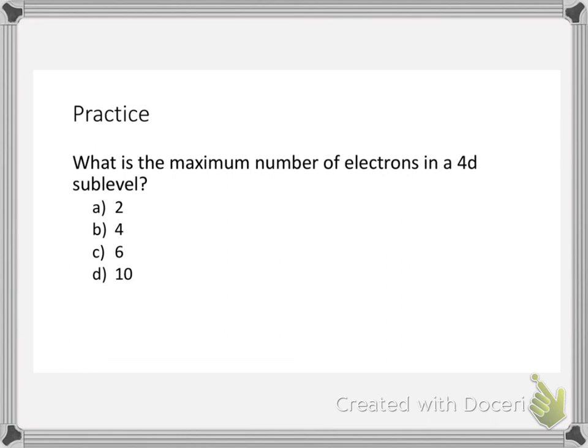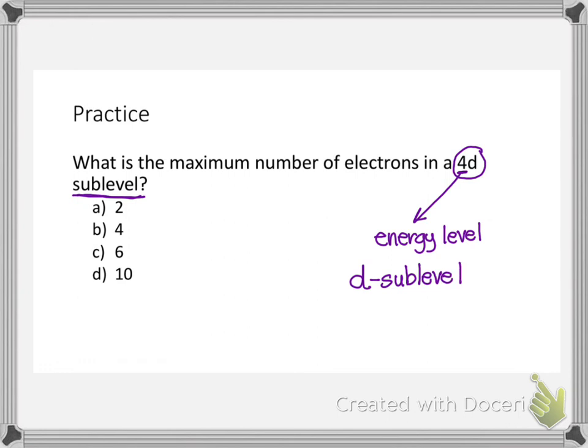Okay, so it says, what is the maximum number of electrons in a 4D sublevel? So in 4D, the 4 just tells me the energy level. But I see that I am in a D sublevel. Now, if I remember, S has 1, and the electrons come from how many orbitals there are.